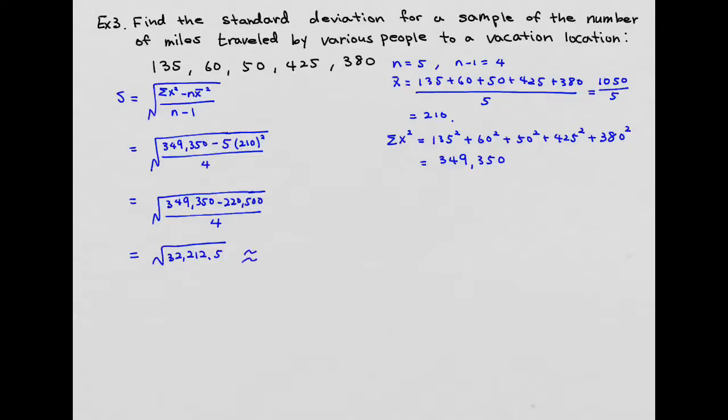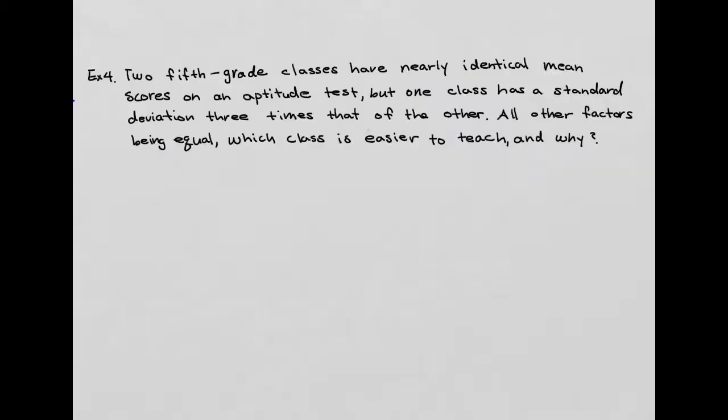And when you round this, you get 179.5 miles. And that will be the standard deviation for the given data in example 3.